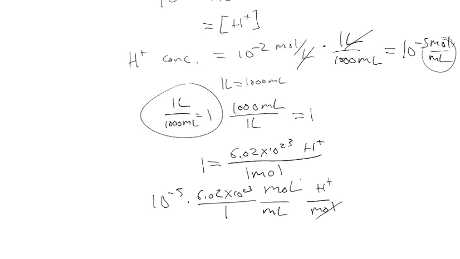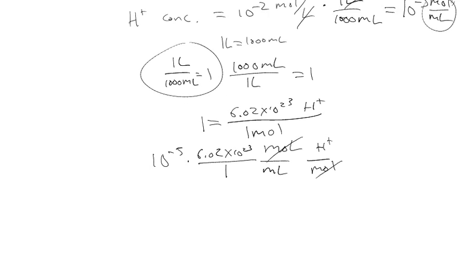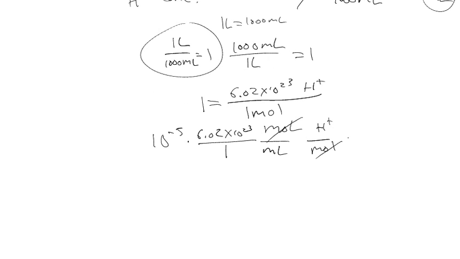We can cancel out the moles, and we just have H pluses per milliliter. So now we know that there's 10 to the minus 5 times 6.02 times 10 to the 23rd H pluses in a milliliter. And we just have 7 milliliters.